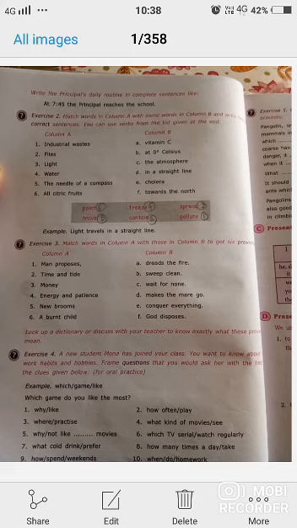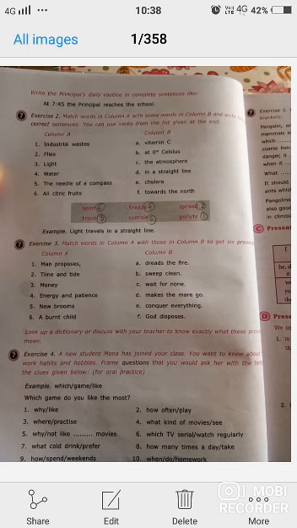Water boils or freezes at 0 degrees Celsius. The needle of a compass points towards the north. All citrus fruits contain vitamin C.